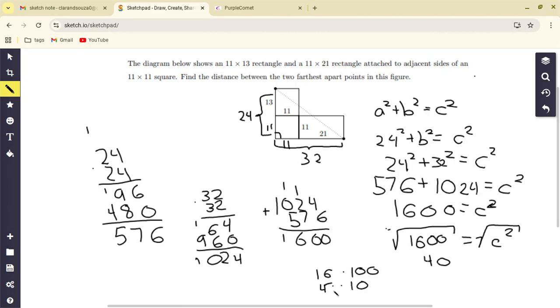So you can see I just did 4 times 10, which is 40. And doing that, we get that 40 is equal to the square root of c squared, where the square root and the square cancel out, which just gives me c is equal to 40. And that's the answer.